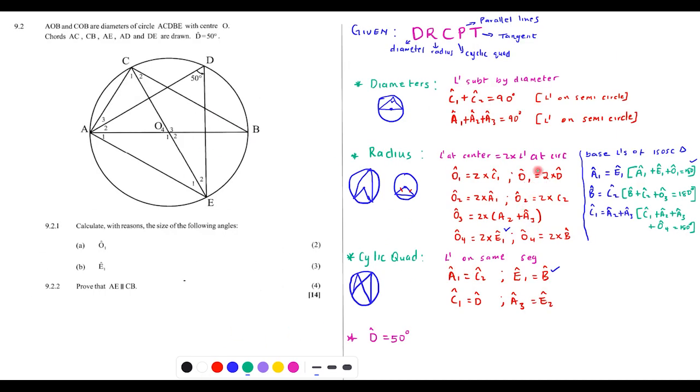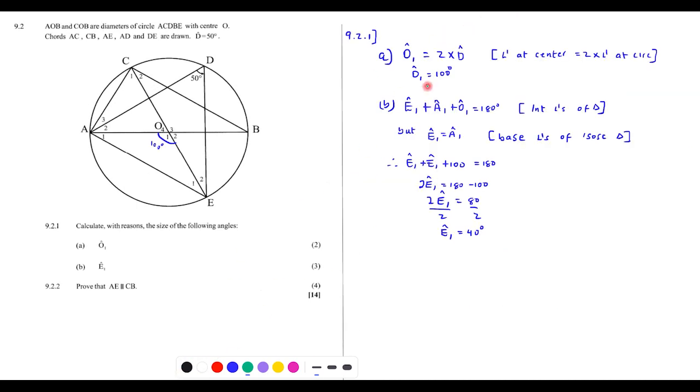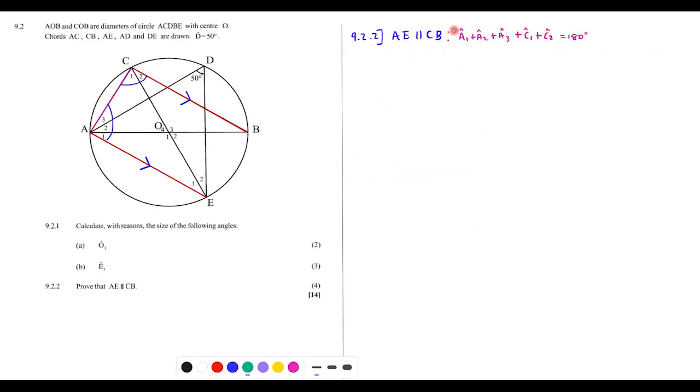That was angle in a semicircle. And we also said that C1 plus C2 is 90. So this whole part is 90, and this whole part is also 90. If you can show that, then we can prove that AE is indeed parallel to CD.